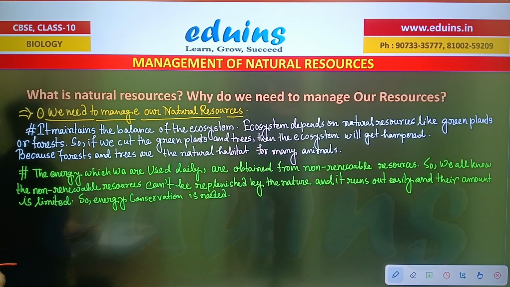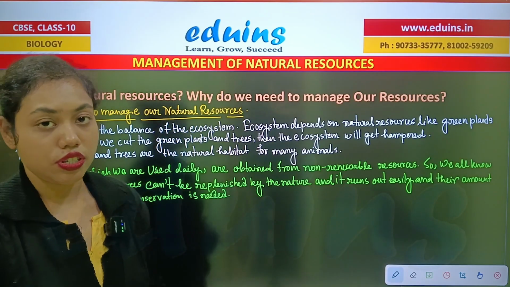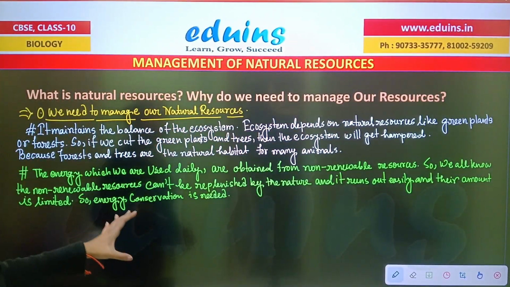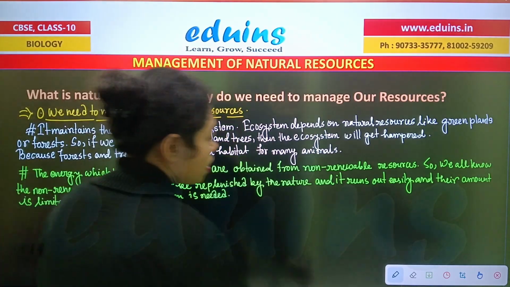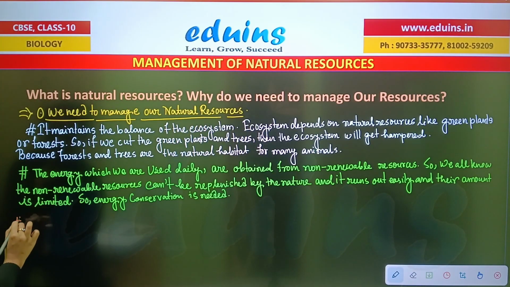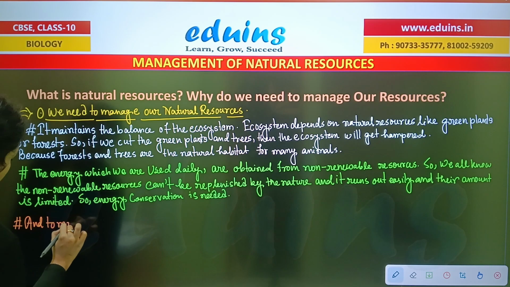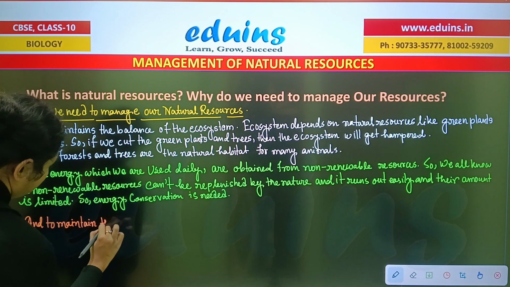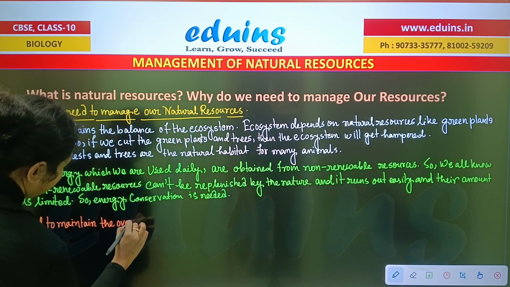And to prevent the overconsumption of energy, we need to manage our resources.